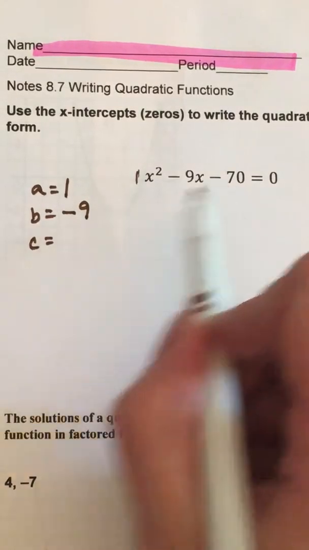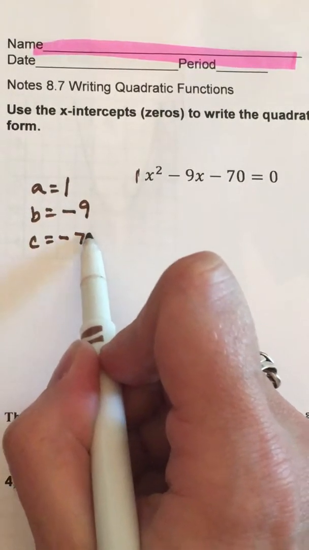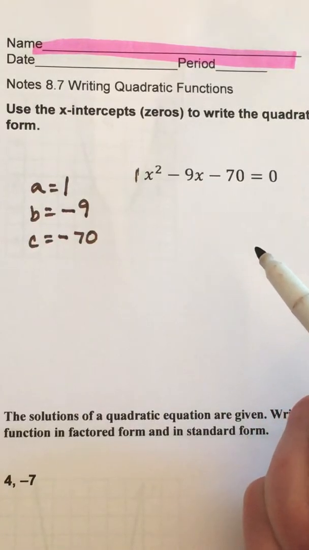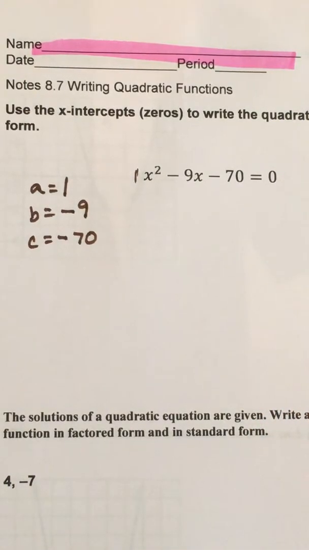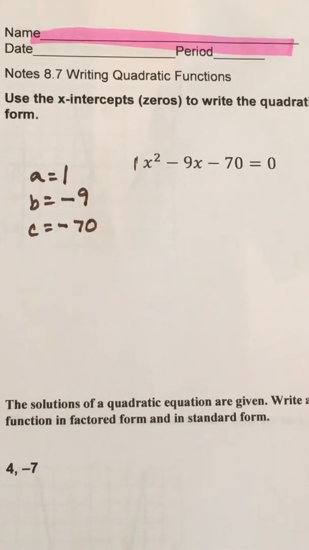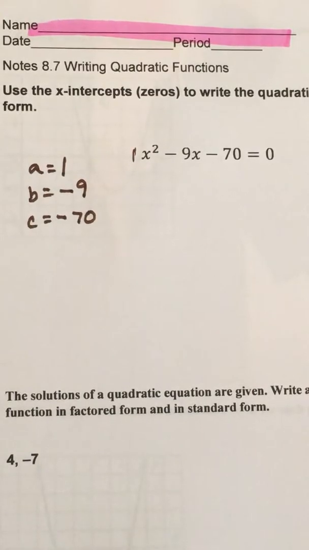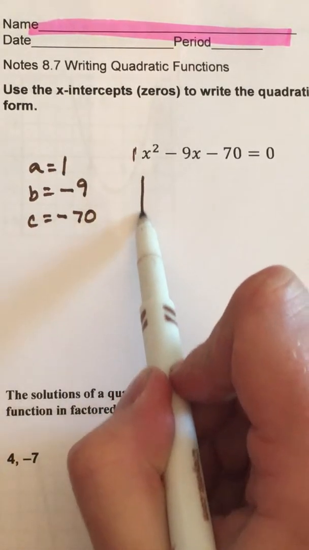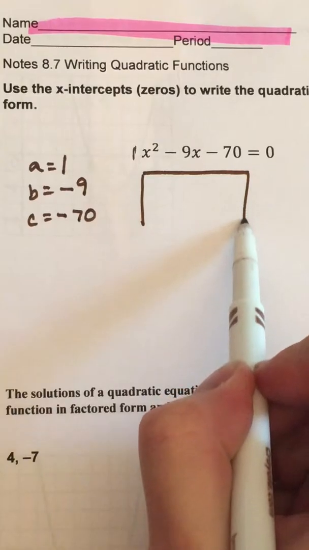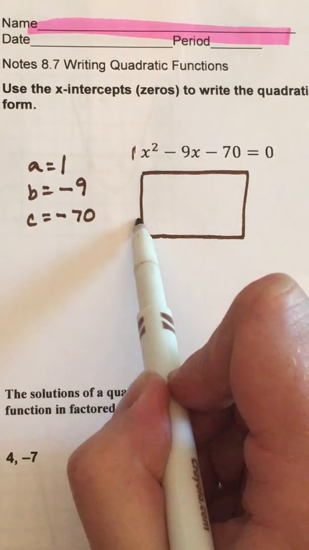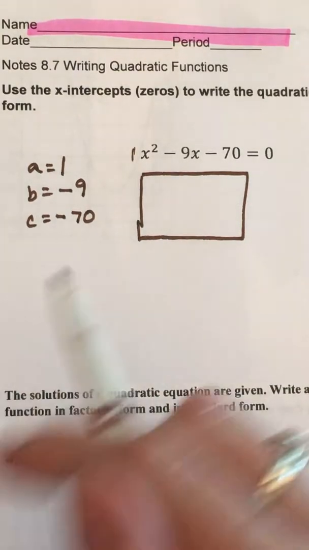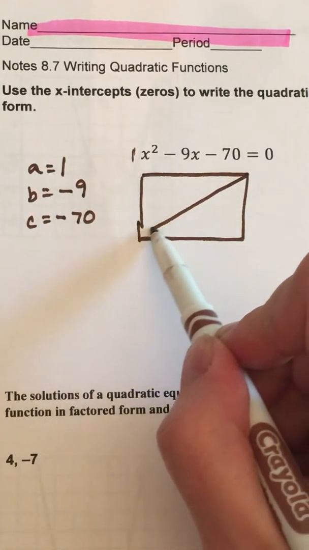And c is -70. So what we're going to do is build a box and put a giant X in the middle of it.